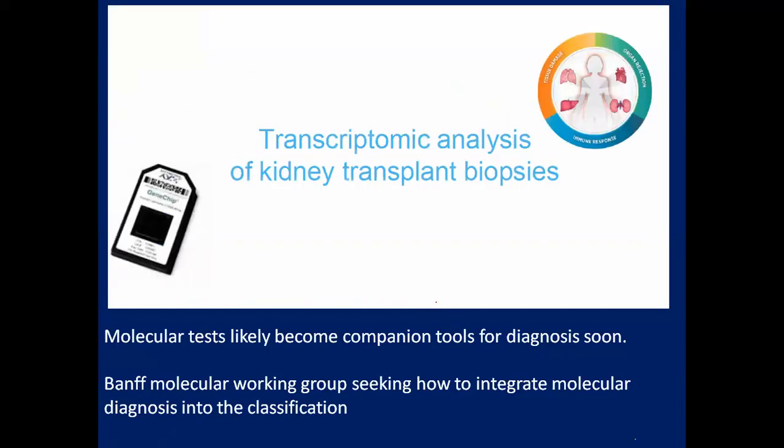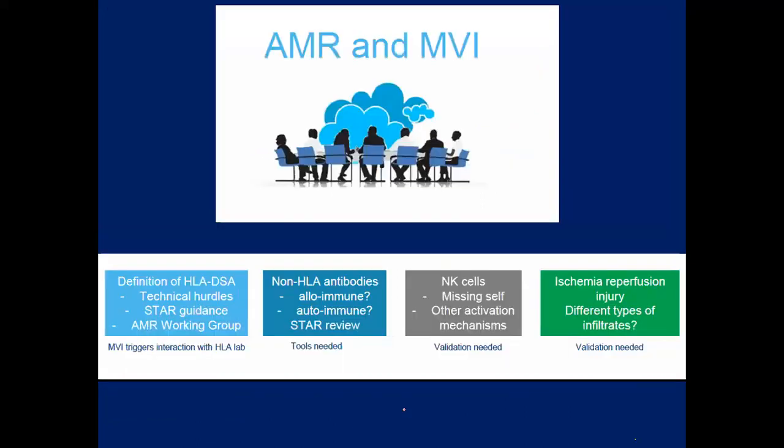In the recent Banff meeting, they also discussed molecular tests. It is possible that they are going to become companion tools for diagnosis soon, and the Banff working group is seeking how to integrate molecular diagnosis into the classification. They discussed a lot about microvascular inflammation, which they feel triggers the interaction with the HLA antibody.